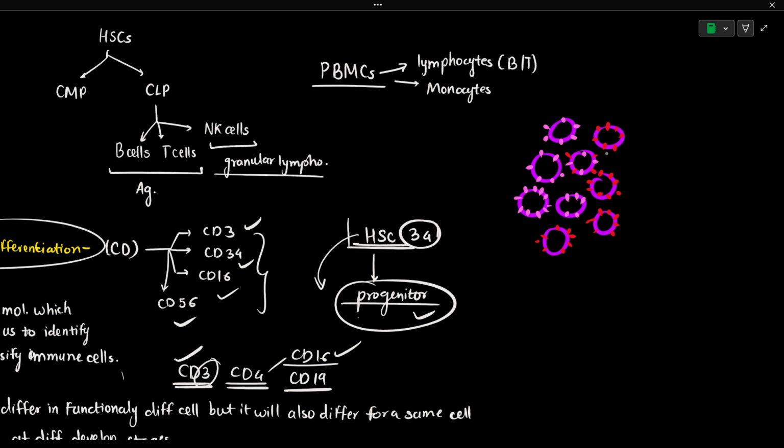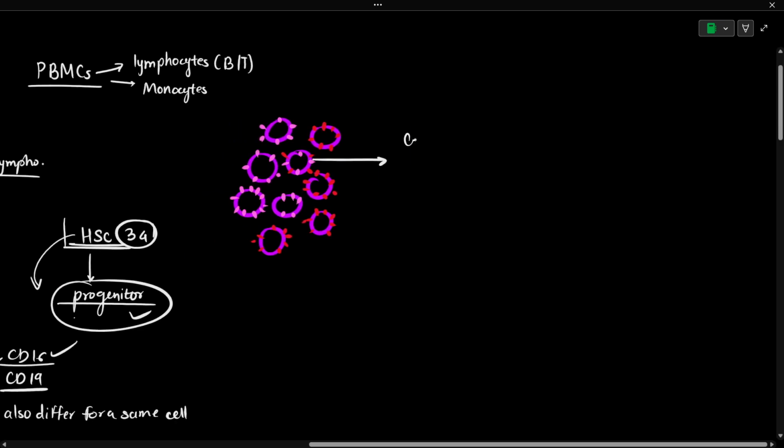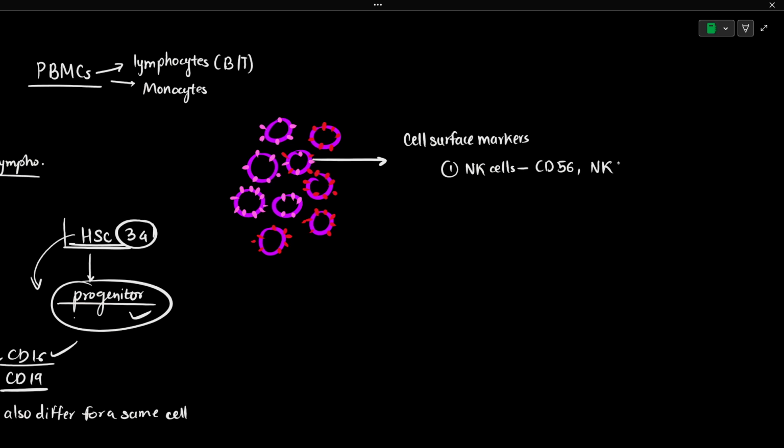So these particular NKT cells have cell surface markers like NK cells. For example, CD56 and NK1.1. Well, this particular marker is found in mice, not in humans.